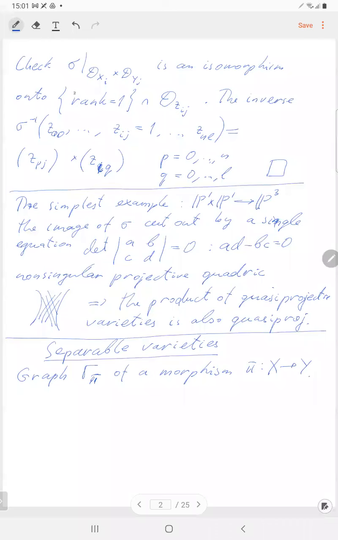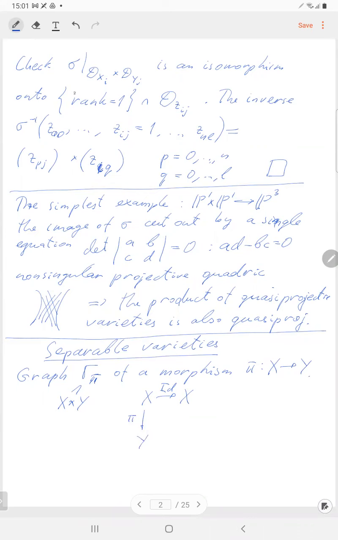How does it lie there? Well, we have the identity morphism from X to itself, and we have another morphism from X to Y, and this is our pi.